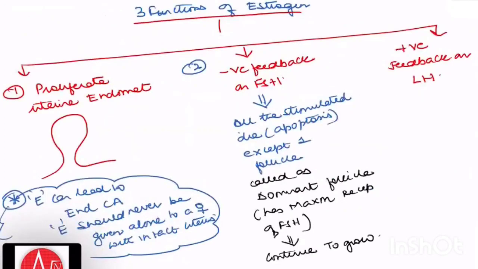Estrogen ने FSH को decrease कर दिया. जब FSH decrease हो जाएगा, तो जितने stimulated follicles थे, all of them are going to die, except one follicle, and that follicle will be called as dominant follicle. ये single follicle की death इसलिए नहीं हुई because it had maximum receptors of FSH. And ये dominant follicle will continue to grow.